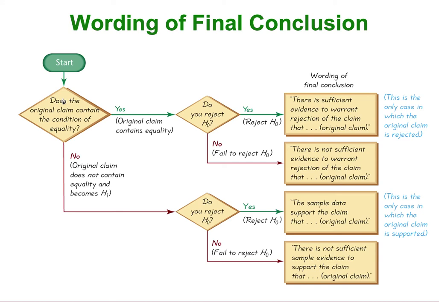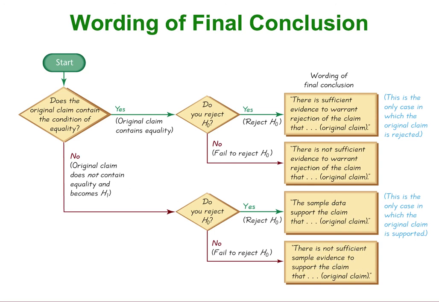This is why you want to make a note at the very beginning of what your original claim was, so that it's quick and easy to go back and say, ah, yes, it does, or oops, no, it didn't. Well, it did not. So we follow this path. And the next question is, do we reject the null? Well, no, we failed to reject the null hypothesis, and so we word our conclusion like this.